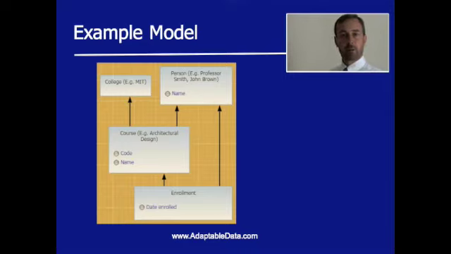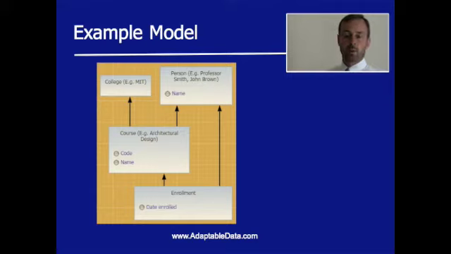There's also a notion that the course is run by a person. That would typically be the lead lecturer for that particular course. And at the bottom of the diagram we have the notion of an enrolment. And an enrolment is of a particular person on a particular course, that person being the student on the course.